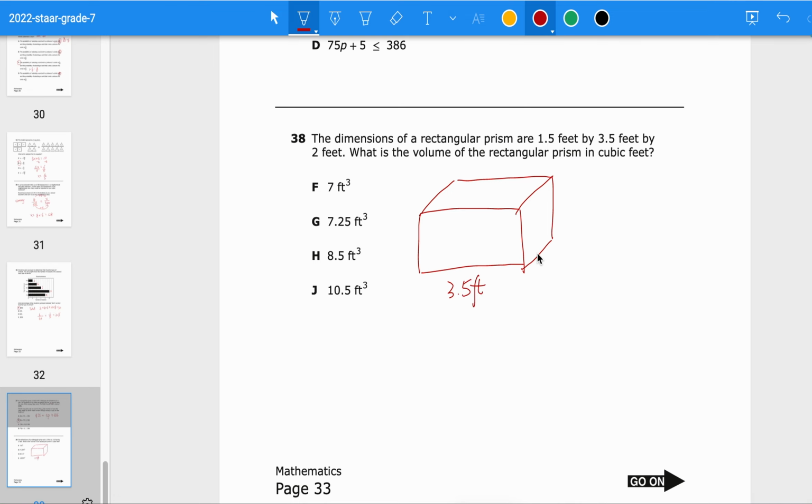And we have 1.5 feet, and the height is 2 feet. Using the volume formula of the rectangular prism, we just multiply the 3 sides: 3.5 multiplied by 1.5 multiplied by 2. And the final answer is 10.5 feet cubed.